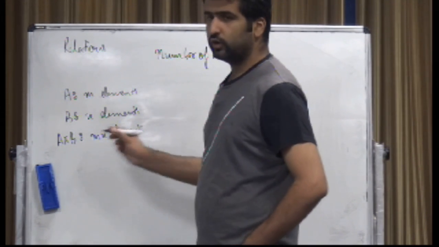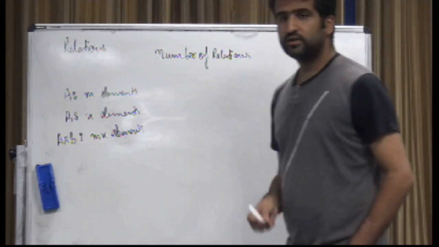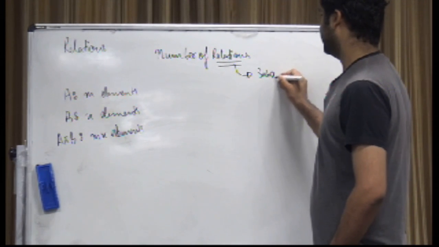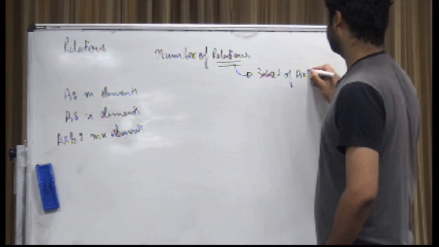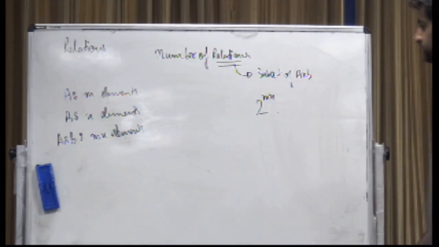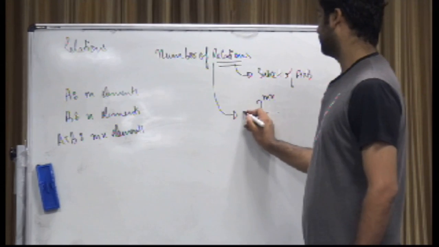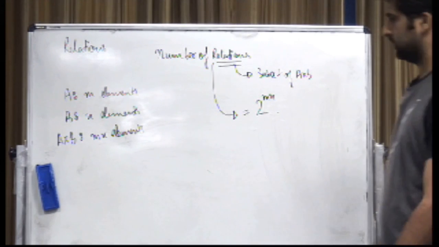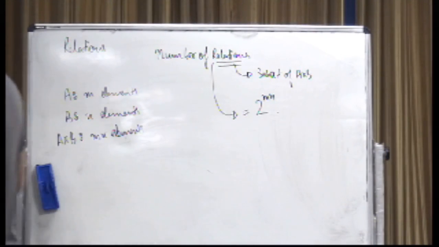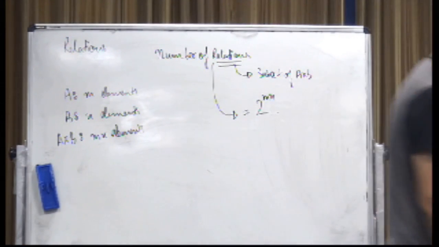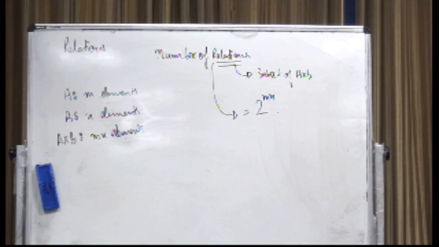And we also wrote that a relation is a subset of A cross B. Therefore, the number of relations will be 2 to the power mn. Understood? Okay.